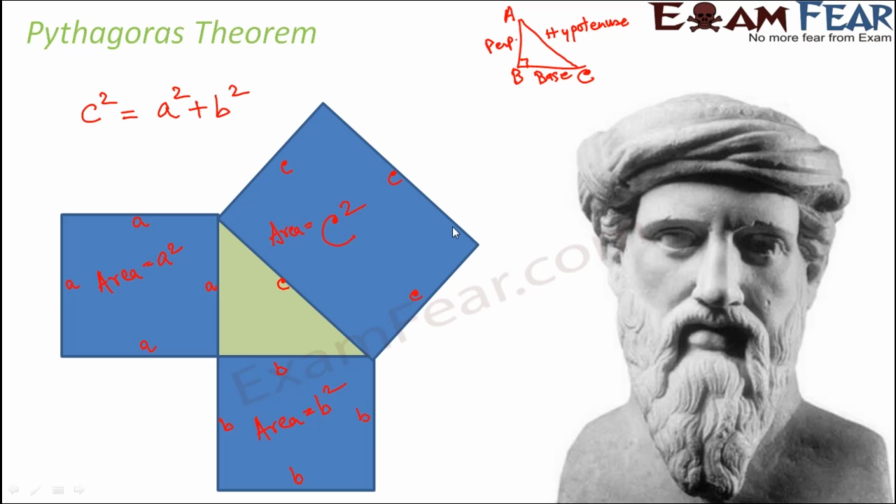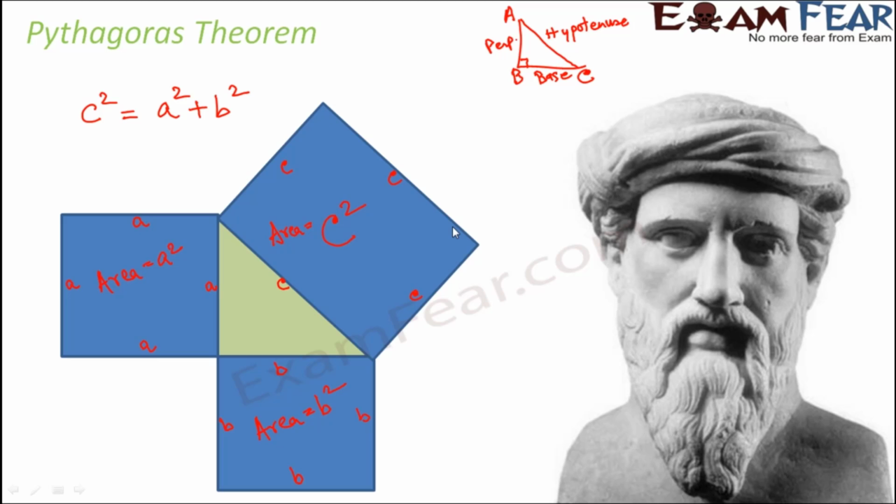Now you might be wondering how he was able to find out such a complicated relation, because we started with a right-angled triangle and then drew squares on each side of the triangle, and then kind of derived this relation. Well, this is not how it was derived. This theorem can be proved in a number of ways. So here we will look at a proof of the Pythagoras theorem by rearrangement.